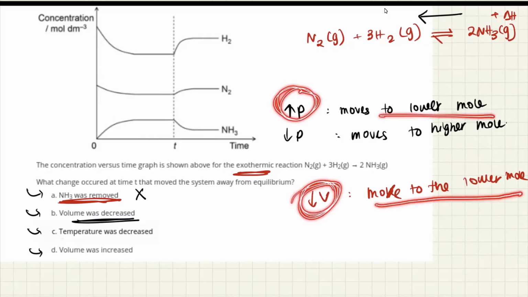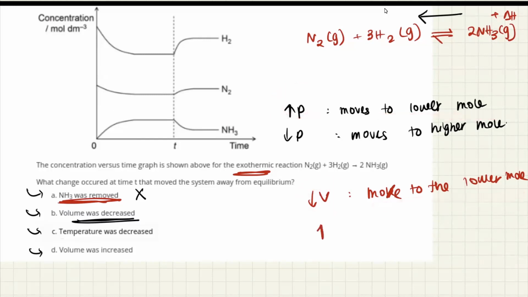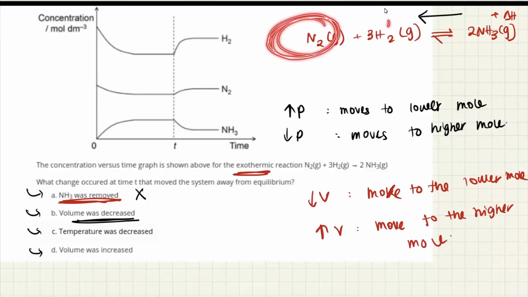So the same thing happens here. If you increase the volume, it's going to go to the higher mole. Among these two, on the reactant side we have 4 moles, 1 plus 3, yeah? And on the product side we only have 2.